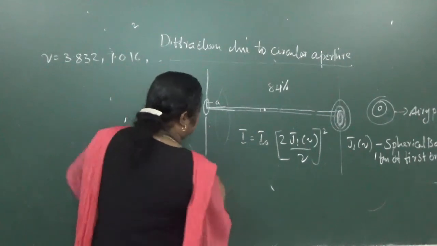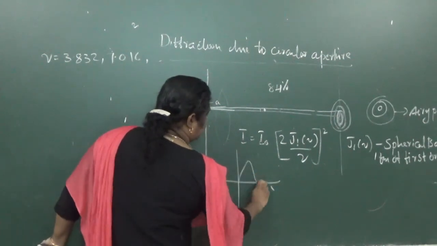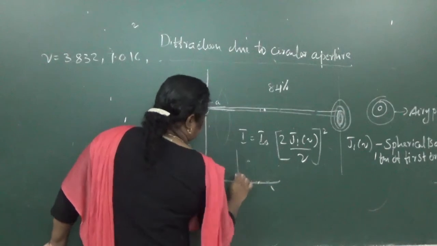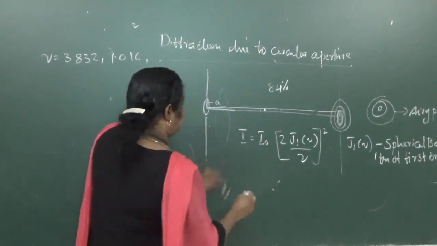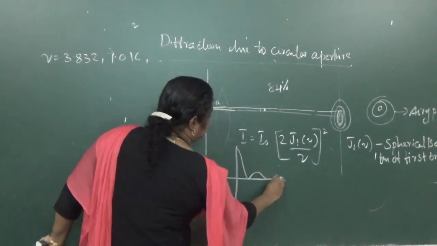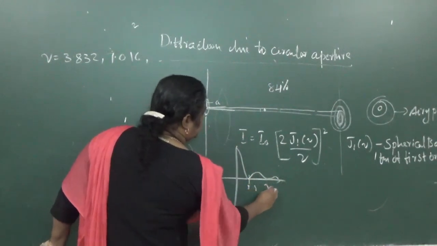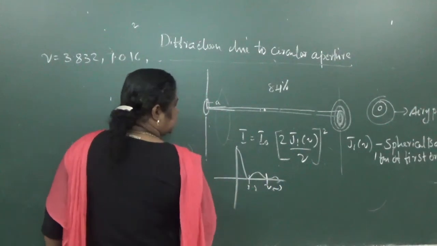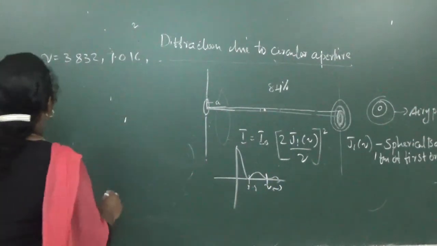This is the intensity pattern against nu, at 3.832 and 7.016.